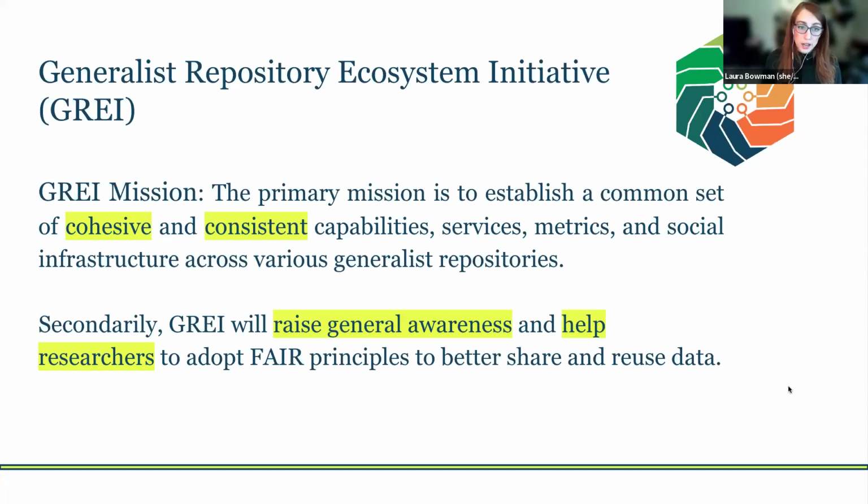So the mission for GREI is to establish a common set of cohesive and consistent capabilities, services, metrics, and social infrastructure across all these repositories to make sure that we're providing the best product possible. The other thing that GREI does is raise general awareness and help researchers to adopt FAIR principles. So we're one of the big players in this GREI initiative, which I think is really exciting.